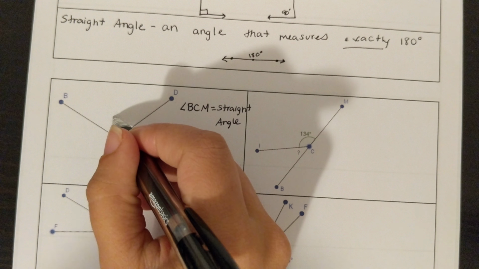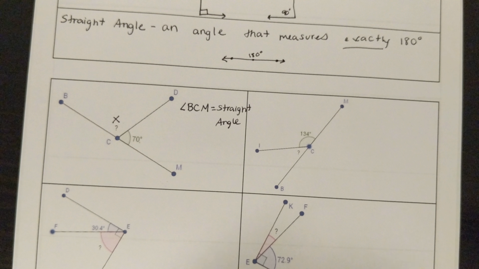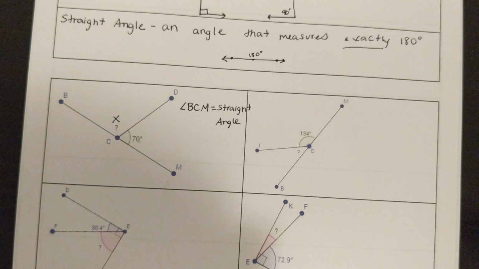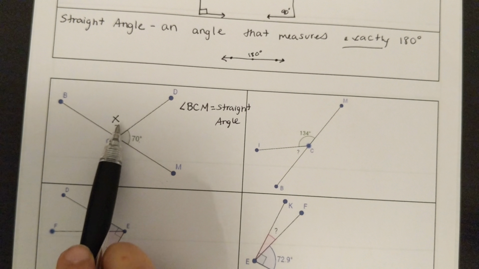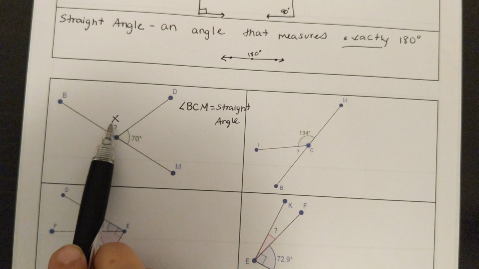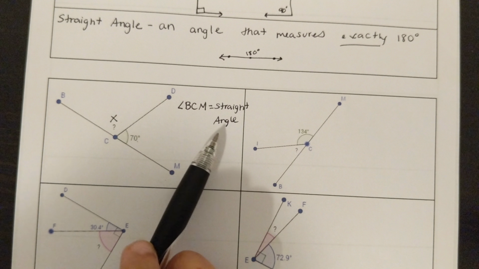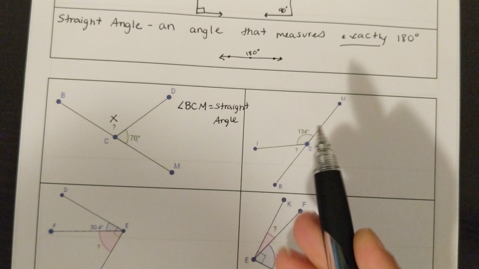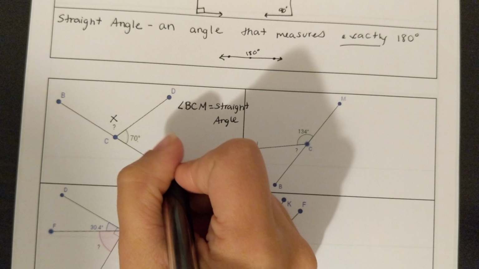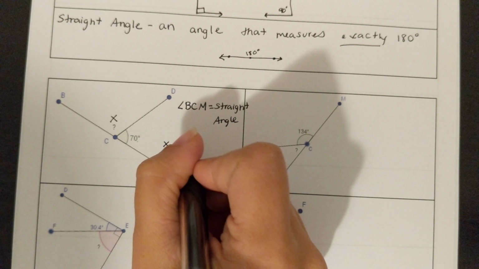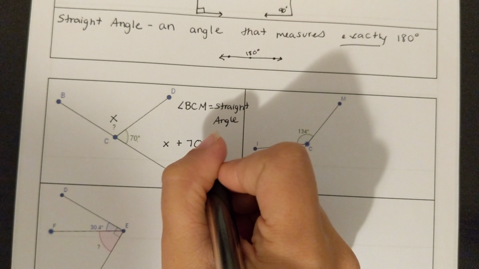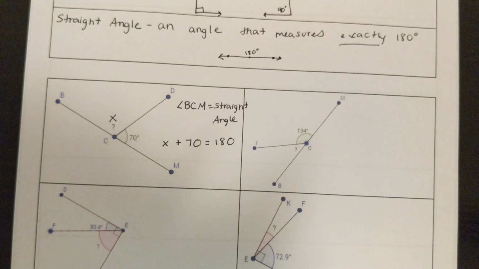I'm going to call the missing angle x instead of a question mark, because I want to set up and solve an equation in order to find the missing angle measurement. When I combine these two angles, the missing angle x and 70, when I add them together, it should equal 180 degrees because BCM is a straight angle. So angle x plus the 70 degree angle should equal 180 degrees.